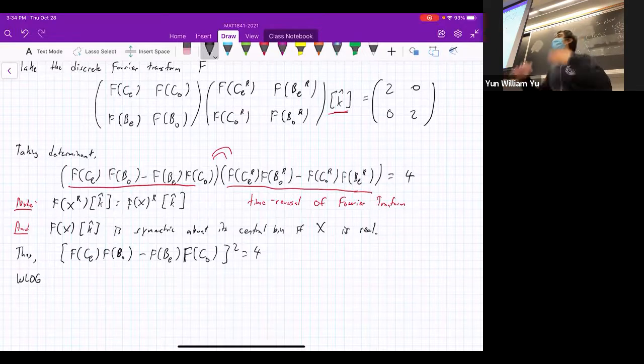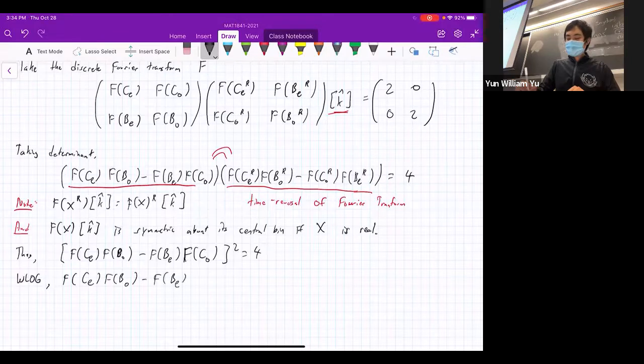Sometimes you also get -2, but it doesn't matter: if you carry through the logic, it just means you can take a negative sign of all your coefficients and still get a reasonable answer. But we're going to ignore that for now. So without loss of generality, we're going to assume that f of CE times f of BO (that's an O, not a 0) minus f of BE times f of CO is equal to 2.